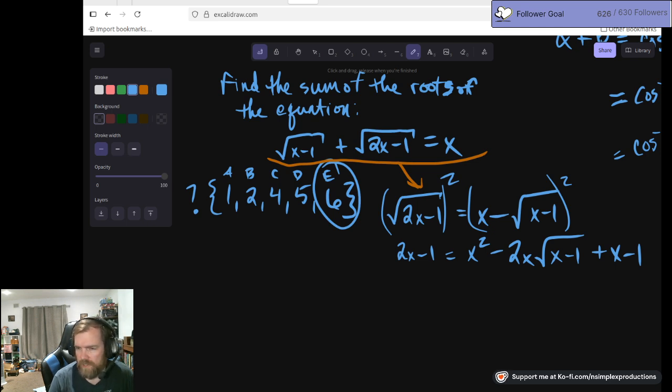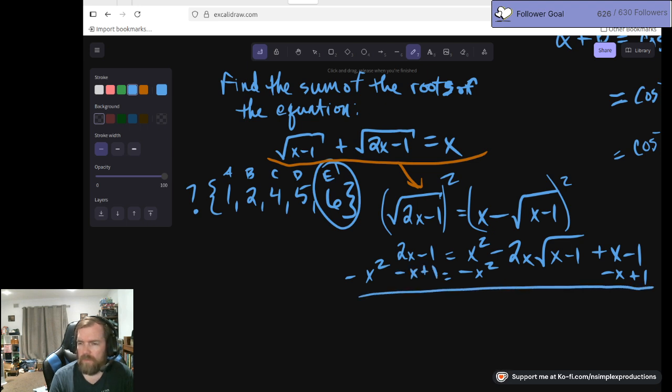Start rearranging stuff a bit. Try to get everything away from the square root itself. So we subtract x, we add 1, we subtract x squared. Negative x squared plus x is equal to negative 2x root x minus 1.